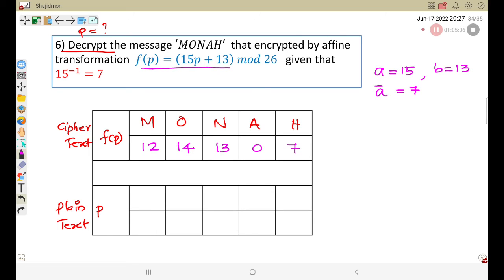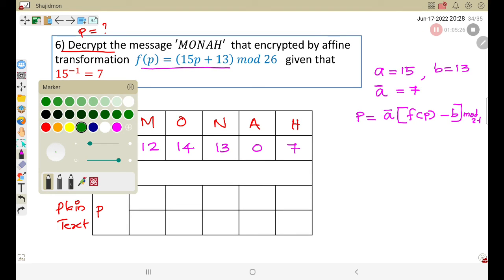Now we need to write a decryption rule. P rule we need to write, because decryption means P, F of P rule is given. So what is the P rule in affine cipher? You know what is the rule? A bar multiply F of P minus B mod 26, correct?